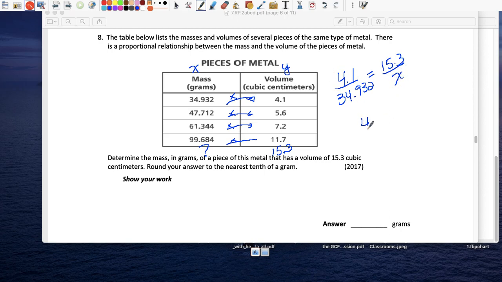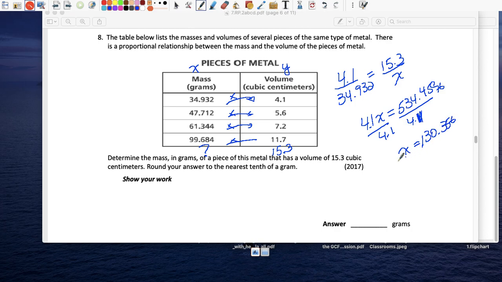Cross multiply, we get 4.1x. Multiply the other two numbers, 34.932 times 15.3 equals 534.4596. We divide by 4.1 on both sides, and x equals 130.356, this ugly number.